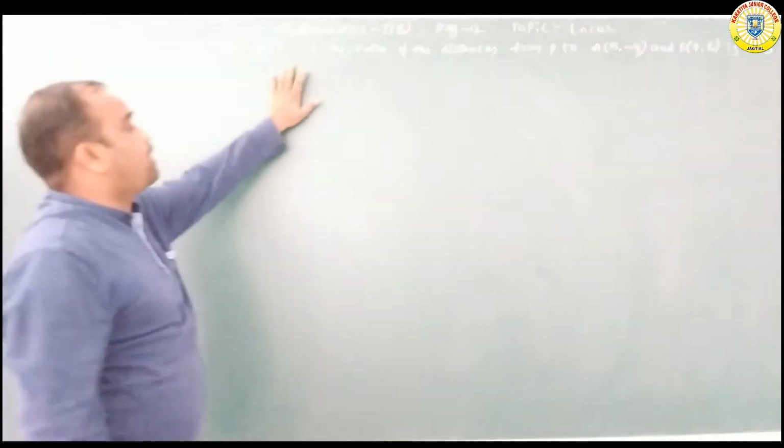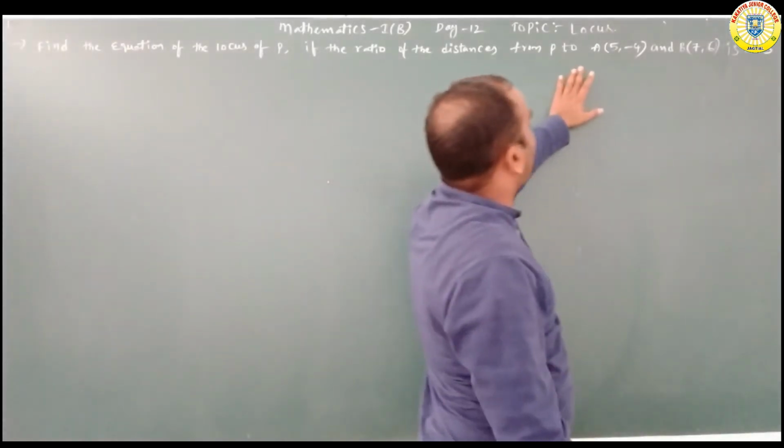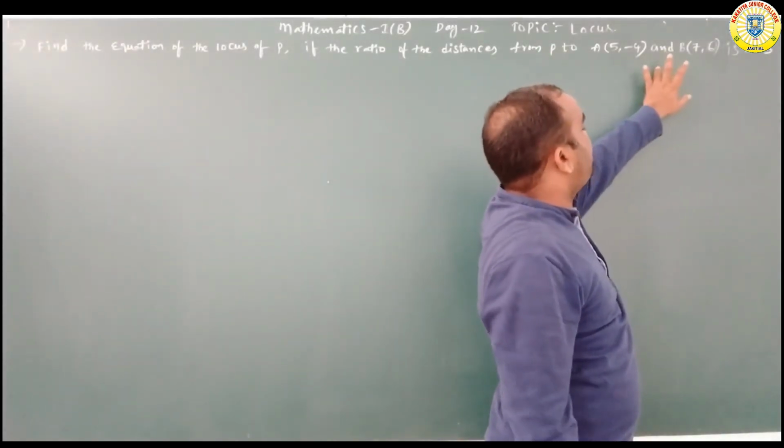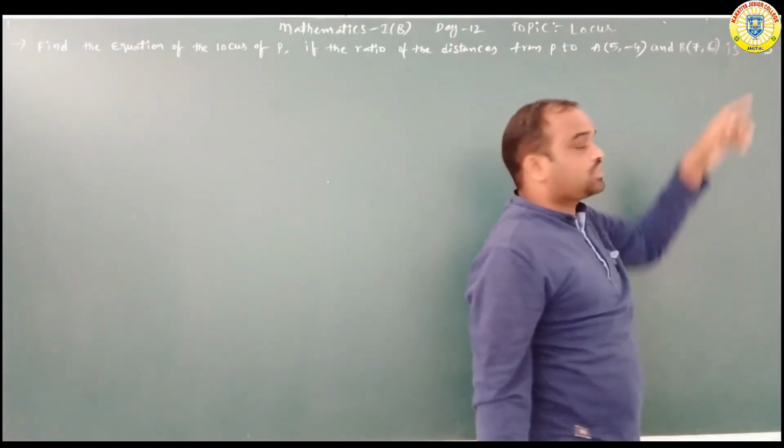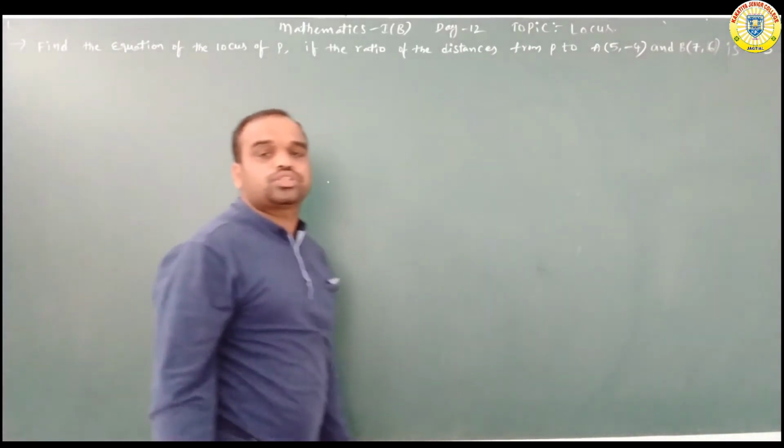See the next question. Find the equation of locus of P if the ratio of the distances from P to A (5, minus 4) and B (7, 6) is 2 is to 3.